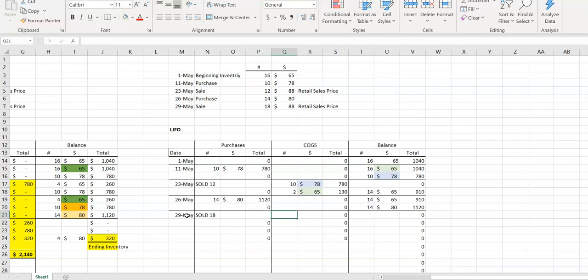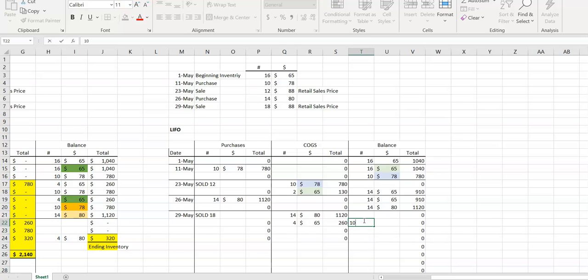Okay, so last in, first out. So I'm going to do the 14 at 80 first. And then I need 4 more, and they're going to come from the beginning 14 that I had originally at 65. So this 14 is completely gone, and then 4 of that one. So I've got 10 left.